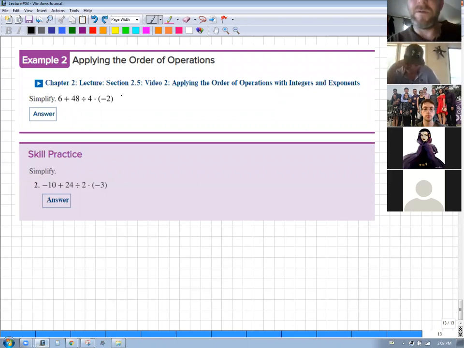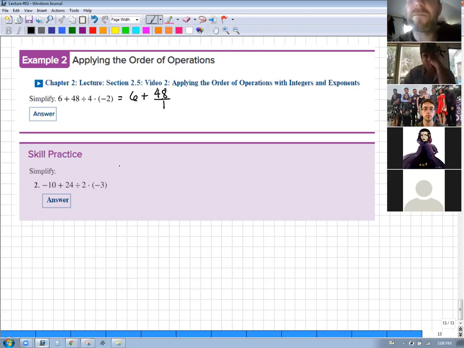Okay, what we're looking at here is we have a 6 and a plus. 48 divided by 4. And then we have times a -2. Okay.